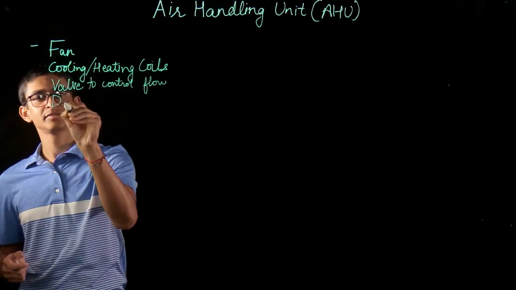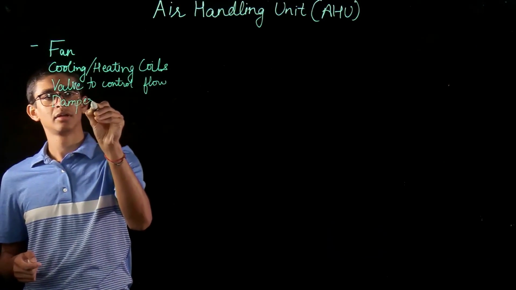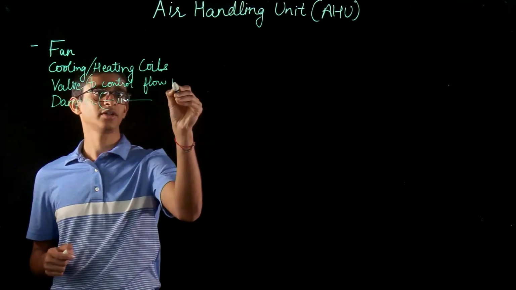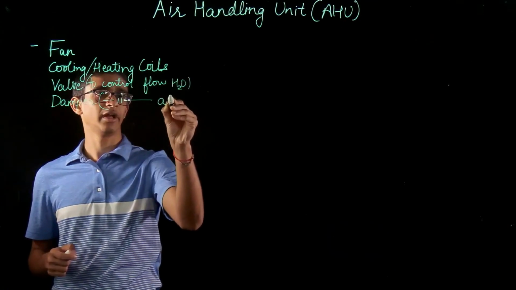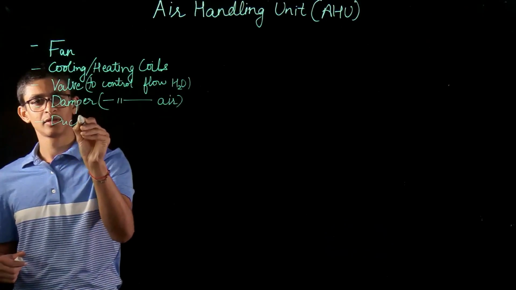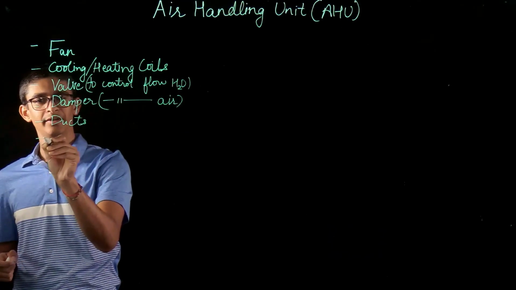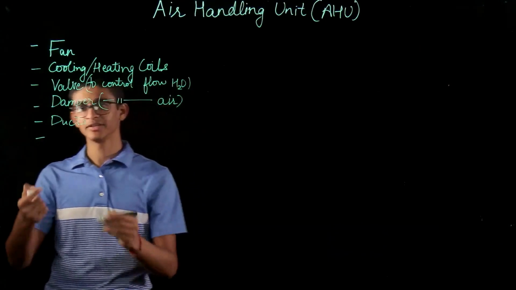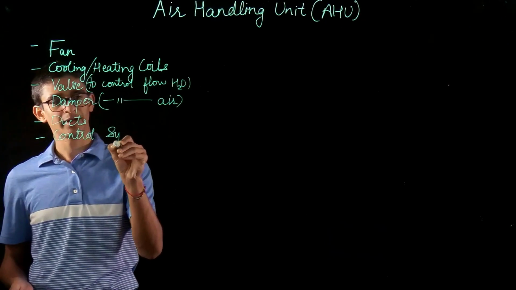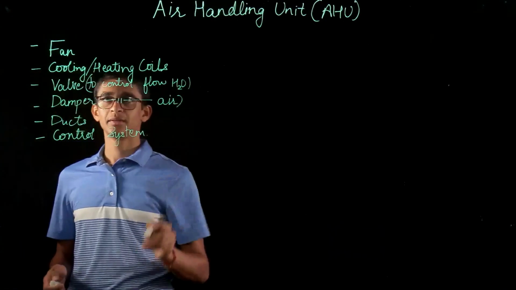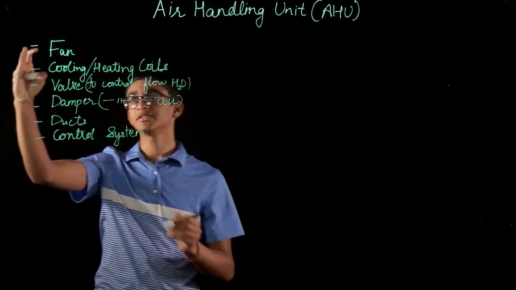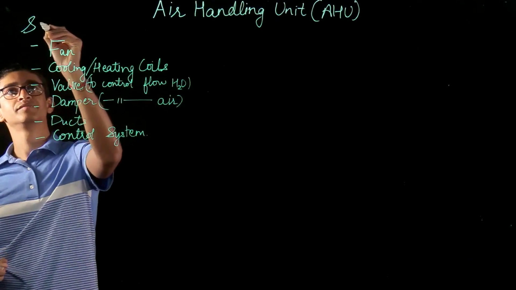Then we have dampers, also to control, but the valve is the control of water, H2O, and the damper is the control of air. Then we have ducts, and we can have some more complex things related to control systems, a microprocessor or something. But these are the common things which we have in an air handling unit, which are on the secondary side.